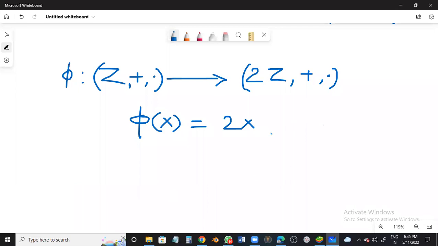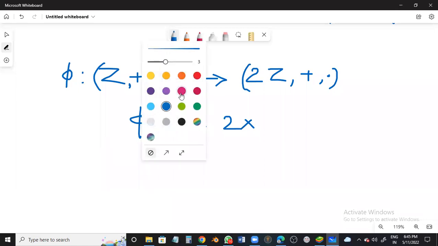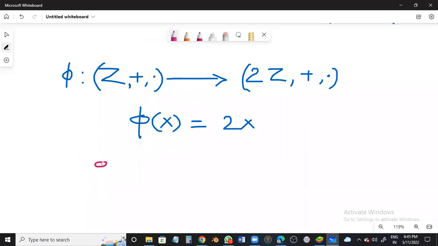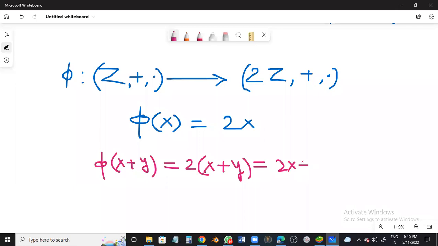Now, will this phi preserve addition? Let us check it. Phi of x plus y: what will be the output? Twice of x plus y, and to be simpler, 2x plus 2y.